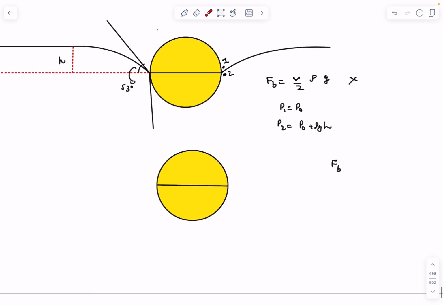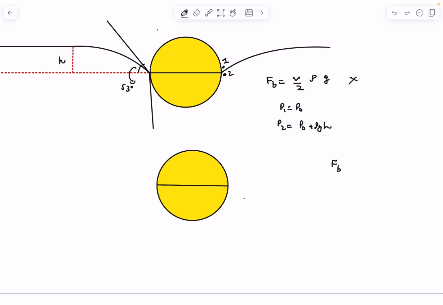So here also we are going to forget about P naught, because at each particular point on the cylinder, the atmospheric pressure is acting. So it won't contribute anything to the net force. The gauge pressure at each point that lies outside the fluid is going to be 0. Why? Because it's exposed to the atmosphere, right? So everywhere outside the gauge pressure is 0.